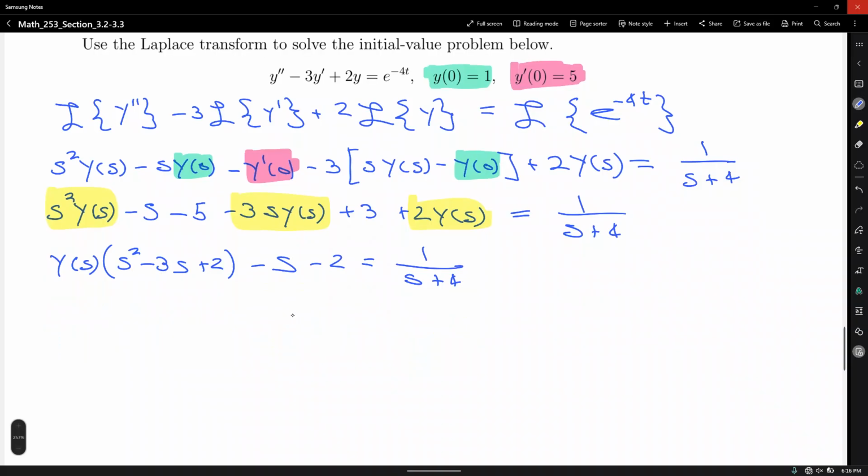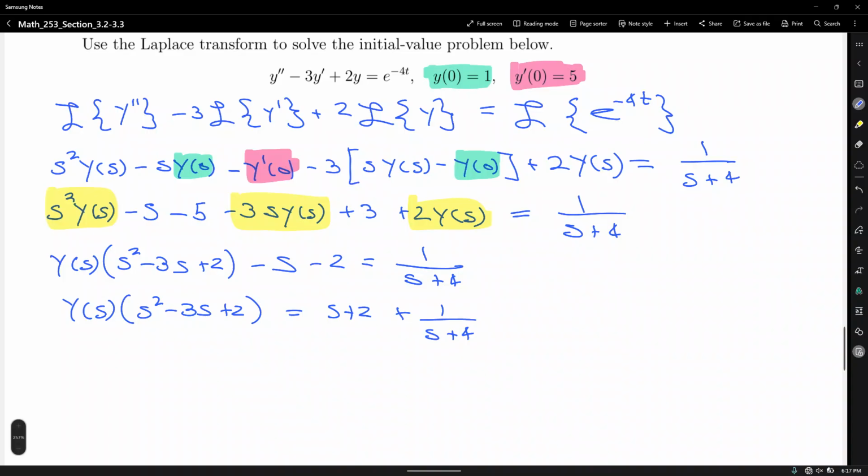Okay, let me move these two terms, negative s minus 2, to the right-hand side with opposite signs. Y of s times s squared minus 3s plus 2 equals s plus 2 plus 1 over s plus 4. We are a couple of steps away from getting y of s by itself.